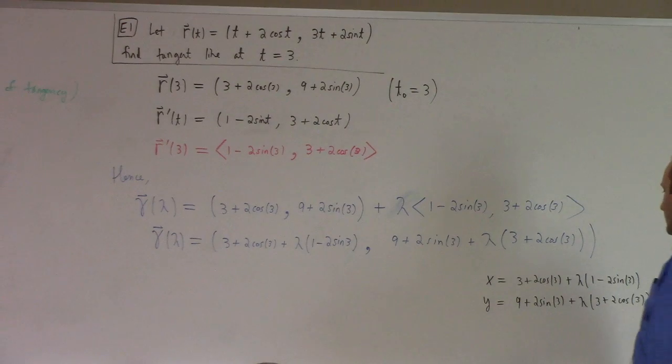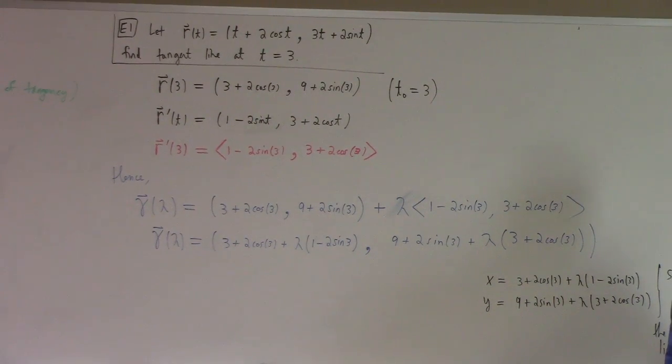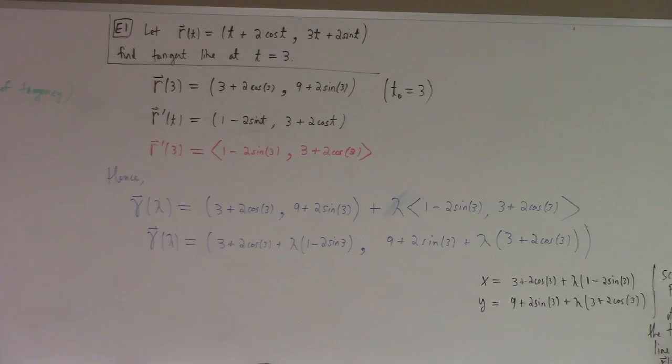There you go. These are the scalar parametric equations of the tangent line at r of 3. Questions?